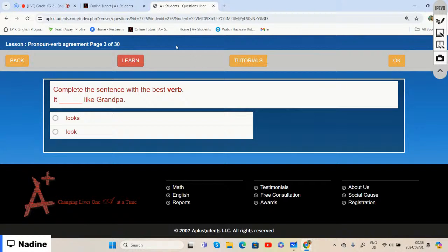All right. So now we need to choose the base verb. Our subject is singular. Do we say it looks like grandpa, or do we say it look like grandpa?